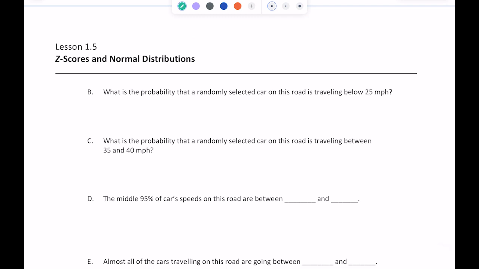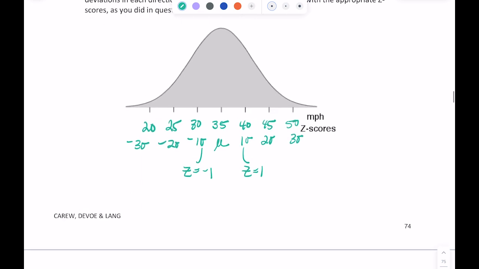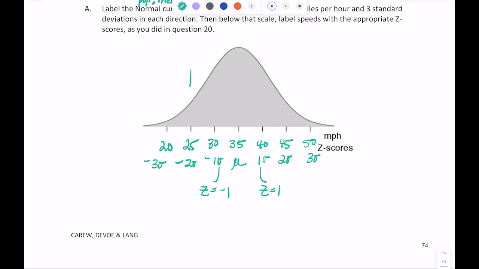Then answering these questions: what is the probability that a randomly selected car on this road is traveling below 25 miles per hour? Think of this right here as our 25, and I'm going to put a little flag right here. We want the probability that any car randomly selected, so any car would have an equal chance of being chosen, is traveling below 25 miles per hour.